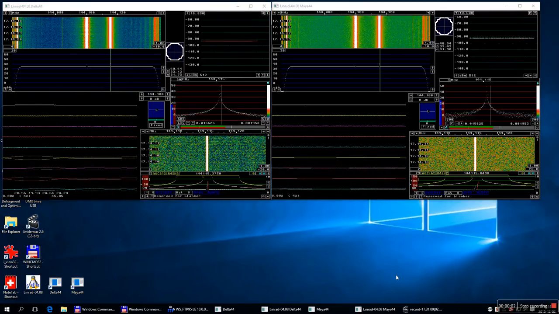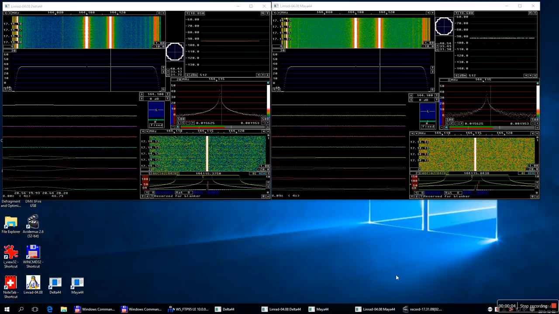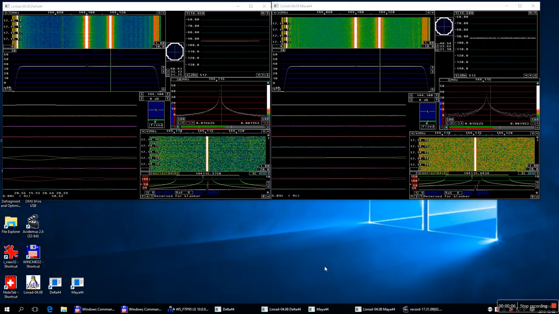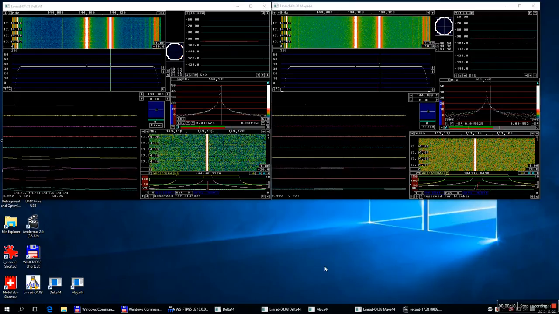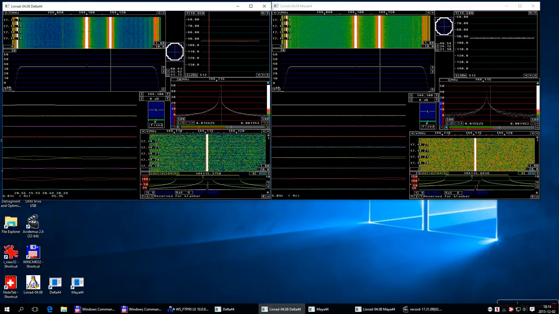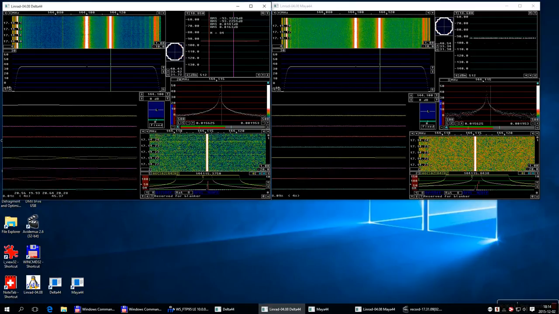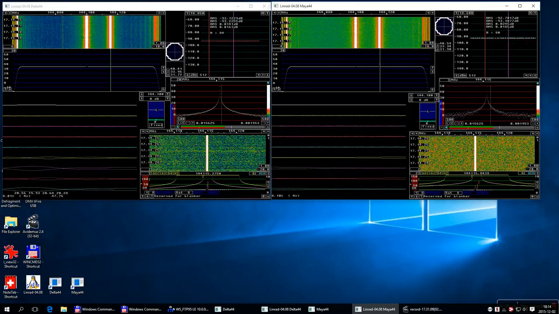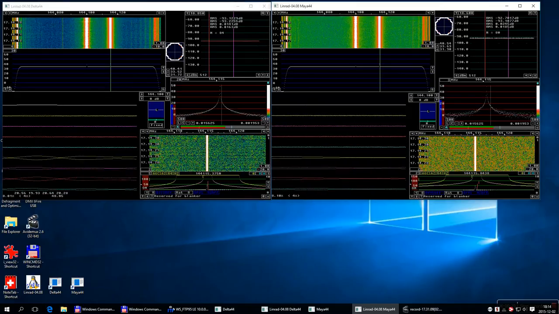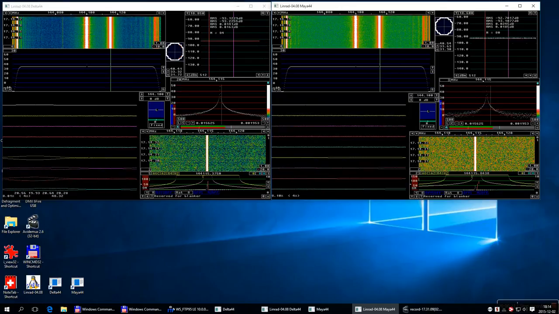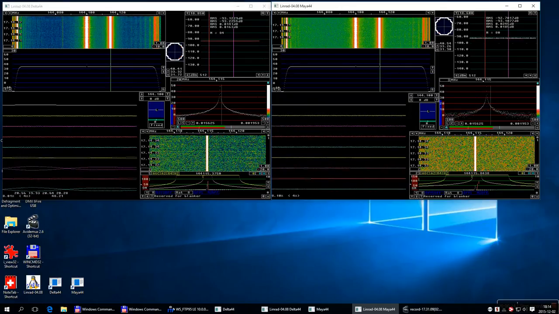There is a recommendation from the IARU saying that minus 93 dBm should be S9. So I have set minus 93 dBm to the two inputs, and now the two outputs are at minus 93 according to the Linrad S meter scale.